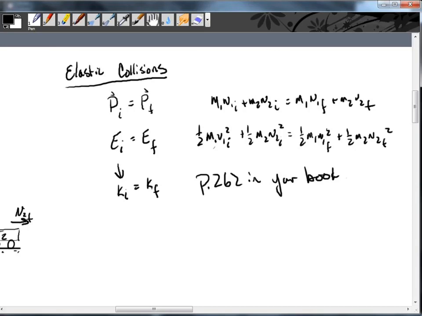I have never seen this on the AP Physics C test for as long as I have been paying attention to the test, which is about 25 years. So don't pay attention. Okay, no. Know how to do it, but you don't need to be prepared to derive the solution to this for your AP test. You do not have to have that solution memorized. However, you need to understand the concepts of it.